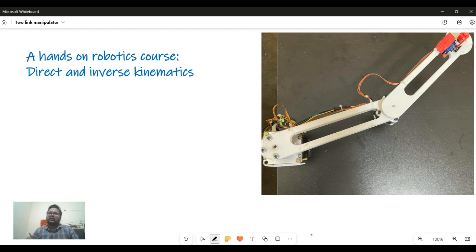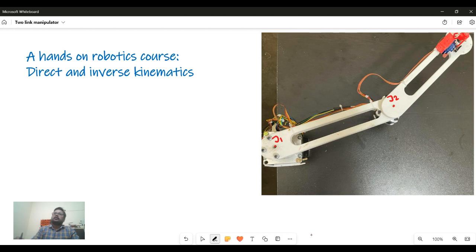To drive this manipulator, two stepper motors have been used, one at joint 1 and the second at joint 2. And this is the end effector.